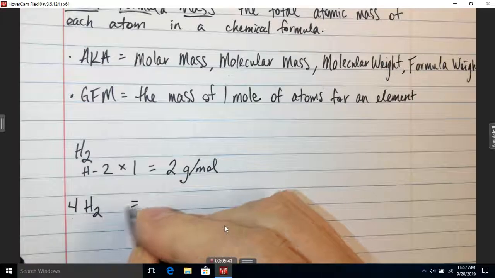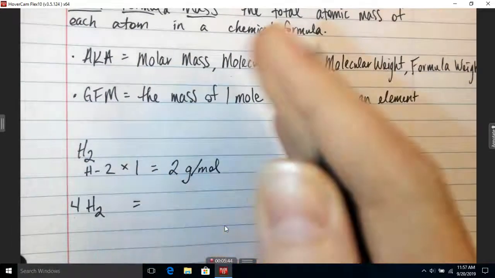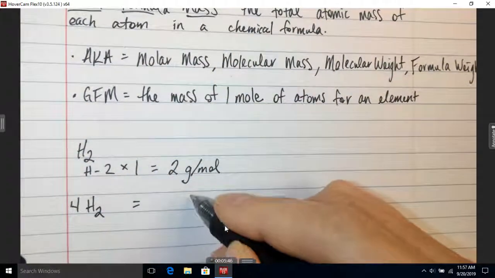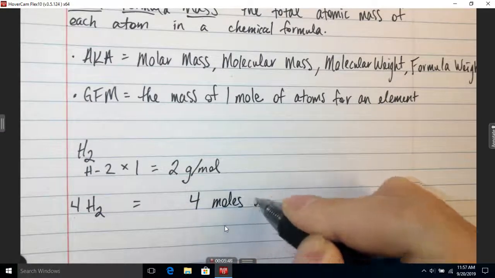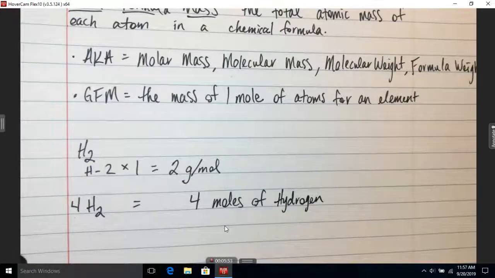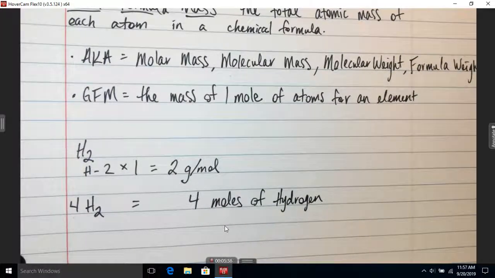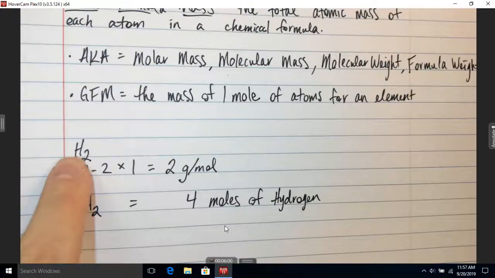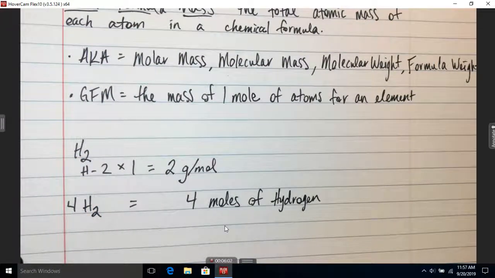So in these terms that we're talking in right now, this means 4 moles of hydrogen. 4 moles of H2. This one is just 1 mole. This is 4 moles. No, it could be anything. I could have 15 there. Make sense? Okay.